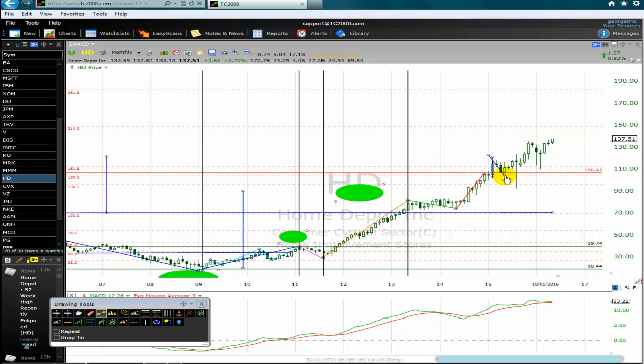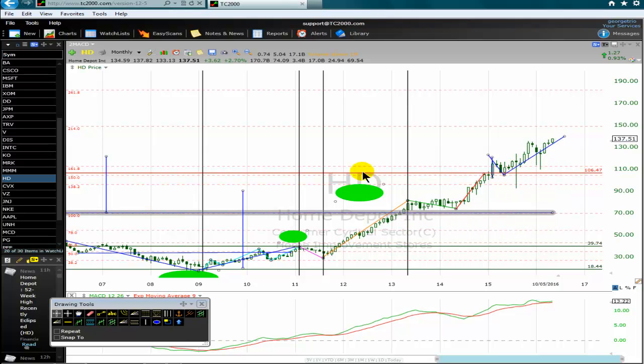Though we have counted five waves, it does not mean that the stock will definitely start a correction. We draw a warning line, and if it goes above it, it means that the bullish momentum is intact. So that was the case. We were expecting a correction here at 106.47 for Home Depot stock, but the price broke above 106.47, found support and started going up.